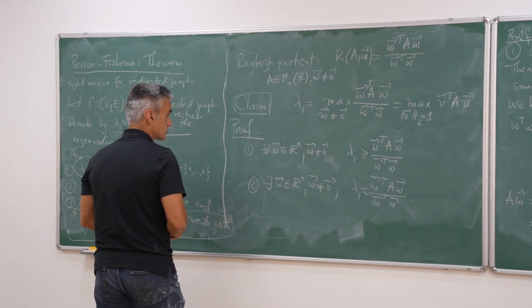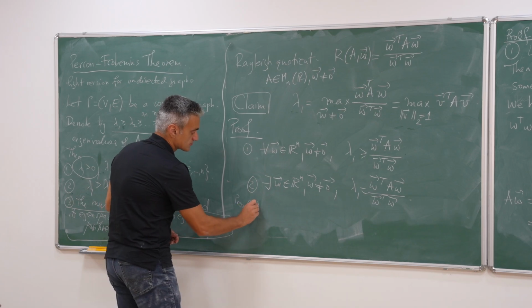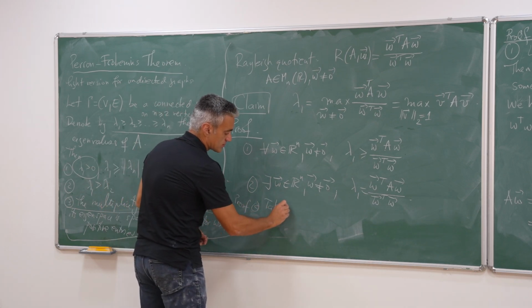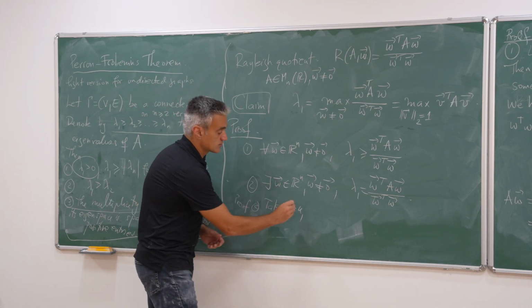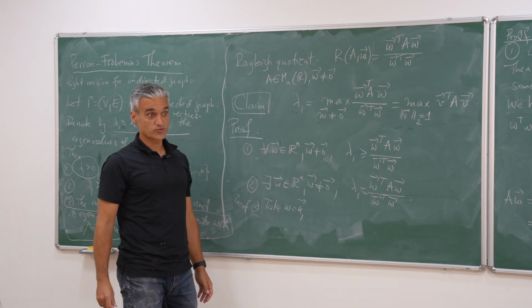So for the proof of 2, you take W to be U1, the eigenvector of lambda 1.